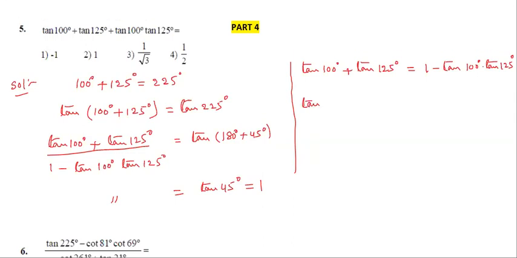Tan 100 degrees plus tan 125 degrees, and the right hand side negative term goes to the left hand side: tan 100 into tan 125 is equal to the remaining right hand side. What is it, students? 1. So which option is correct? The second option is correct.